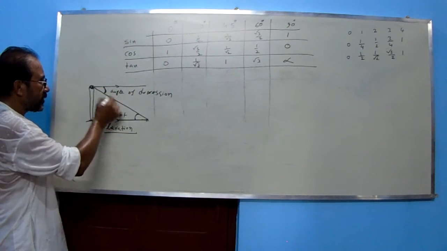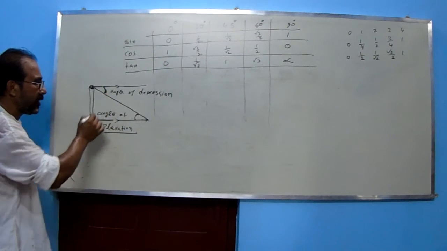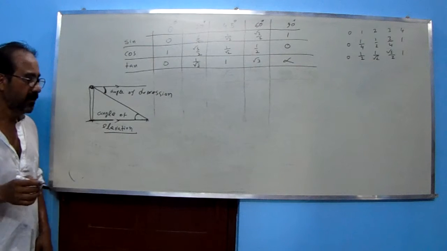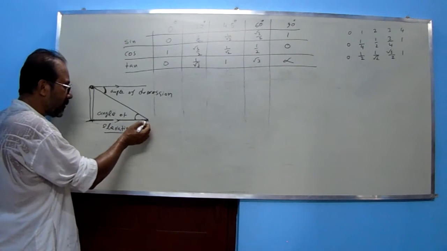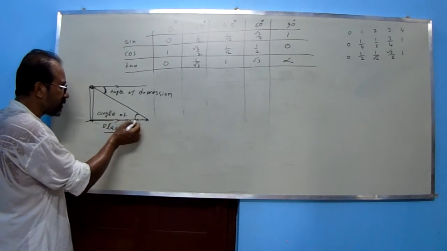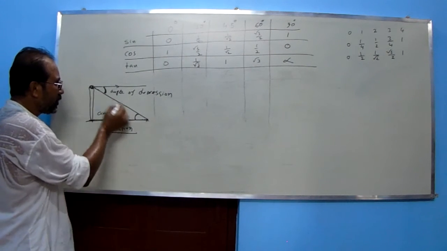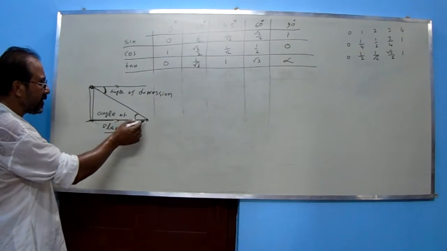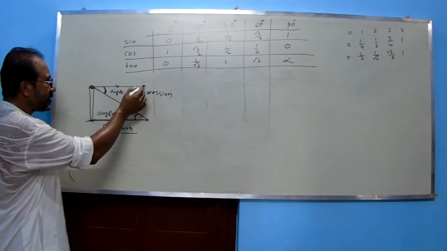So the angle formed between the line of horizon and the line of sight can be called the angle of depression. And for your friend, the angle between this horizontal line or earth surface and the line of sight is called the angle of elevation. Now these two lines are parallel.